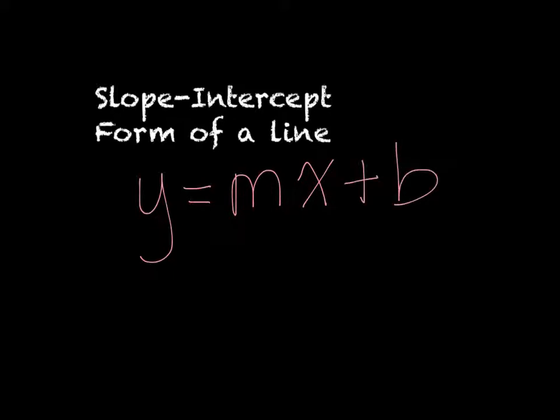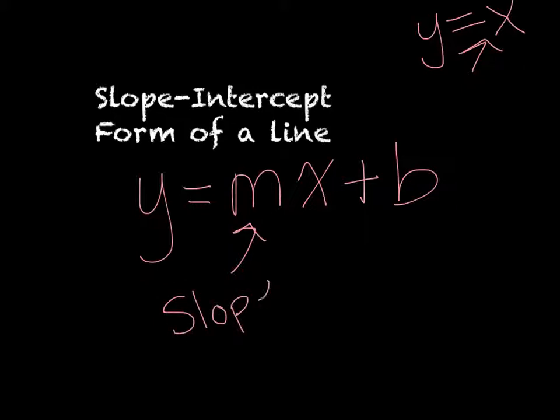So just for a second, if you look at this equation without the m and without the b, what you end up with is y equals x, which is, if you remember, the linear parent function. So this is going to form a line, okay? The m here represents what we call the slope, okay? And the b here represents the y-intercept.